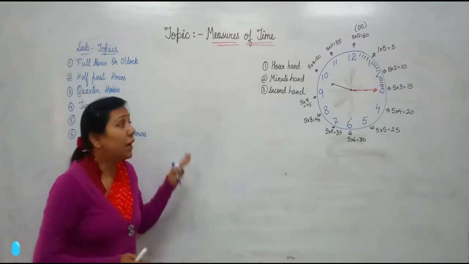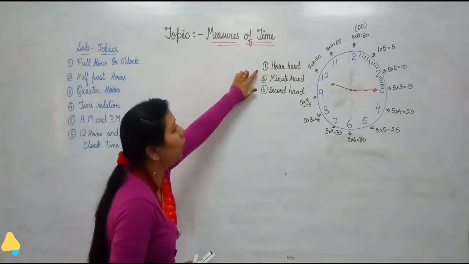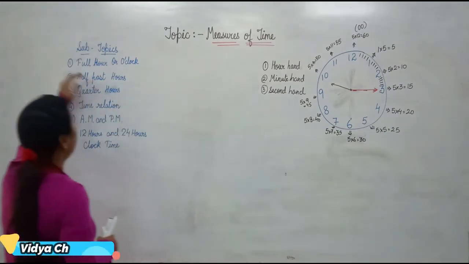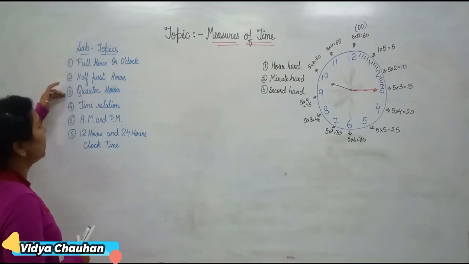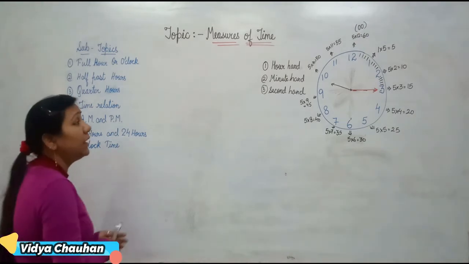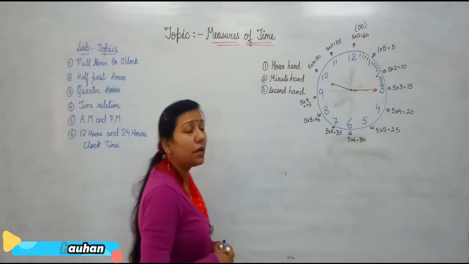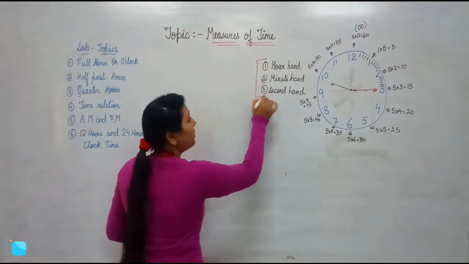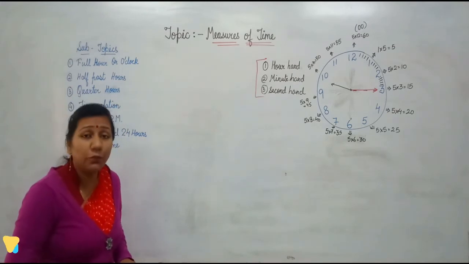So students, now after discussing the different hands in the clock, hour hand, minute hand, second hand, and the different types of times, that is full hour, half past and quarter hours, it's time for time relations. What is the relation between the three hands present in the clock? As we have discussed, there are three hands in a clock, so there must be some relation between these three hands.